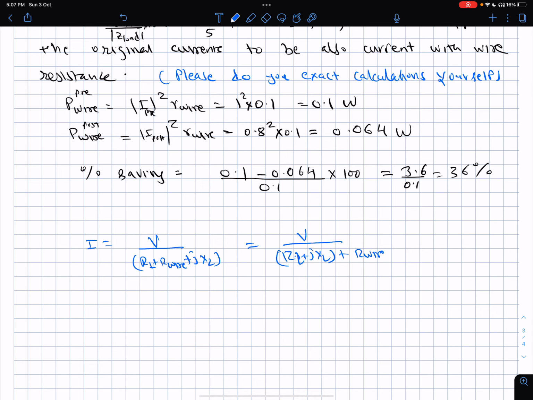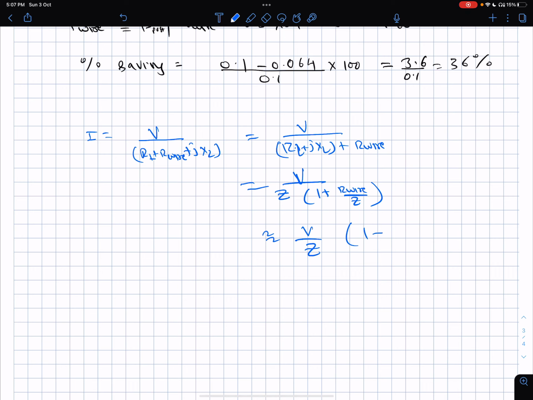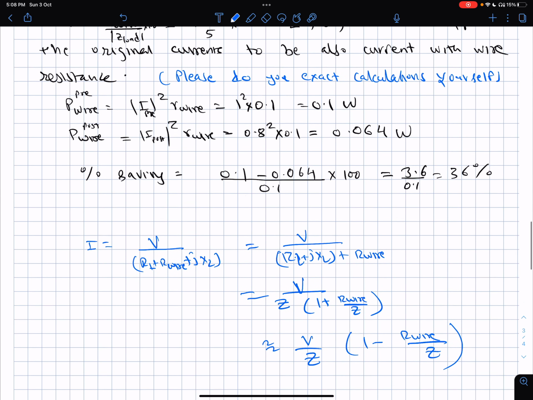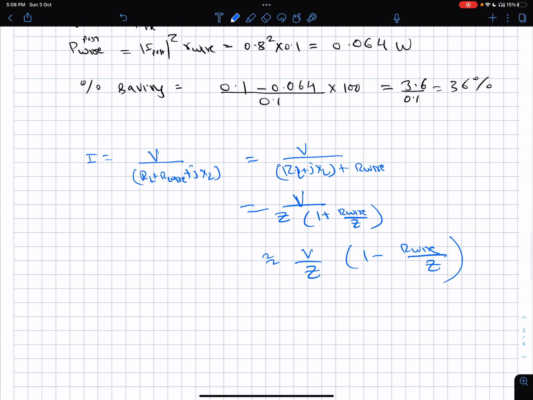If you take R_L plus jX_L as Z common, then the current will become V by Z times 1 plus R_wire by Z, which you can approximate as 1 minus R_wire by Z. So the current is going to reduce because some extra impedance has come.